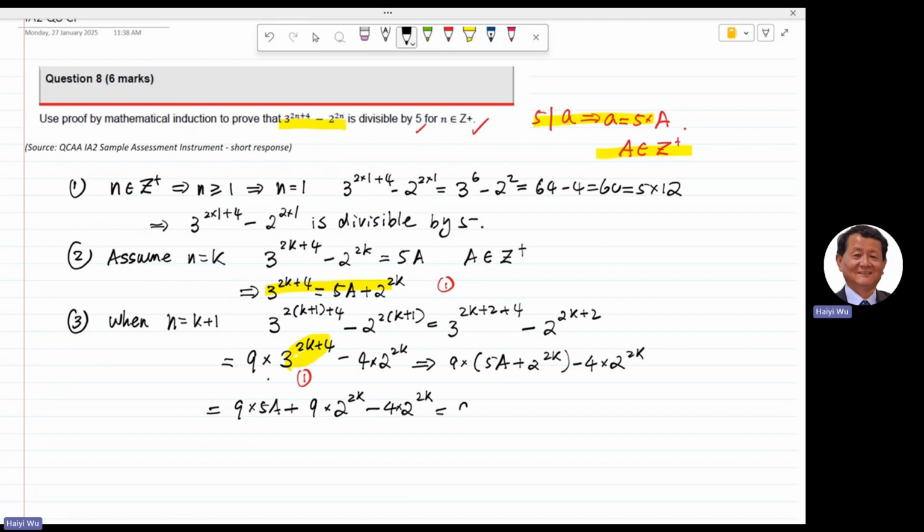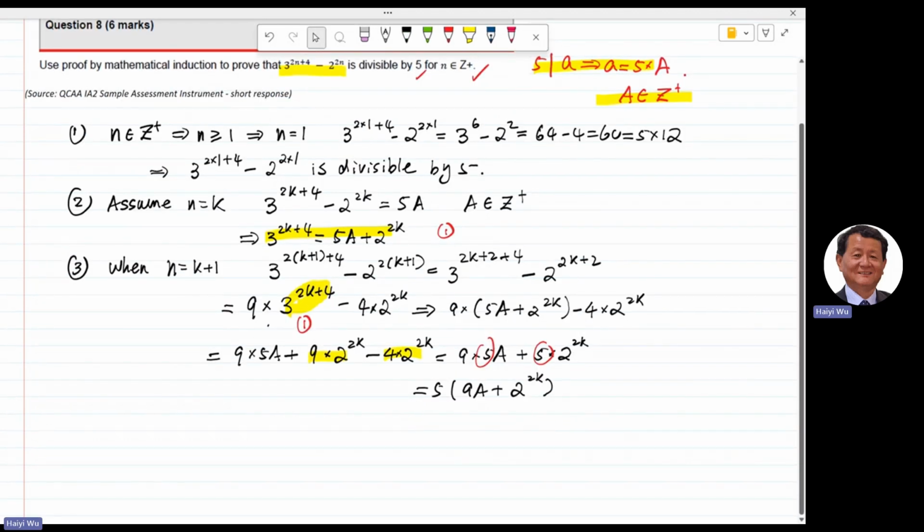So the answer will be 9 times 5a plus, these two are collectible like terms, 5 times 2 to the power of 2k. Now we have the common factor 5, which is the one I needed. So I take 5 out: 5 times 9a plus 2 to the power of 2k.